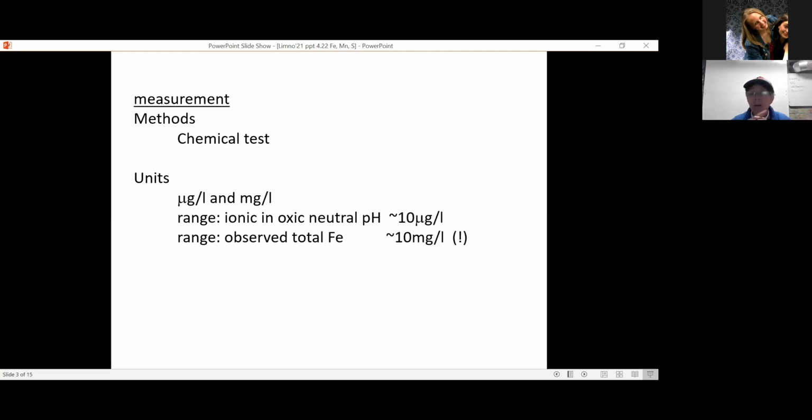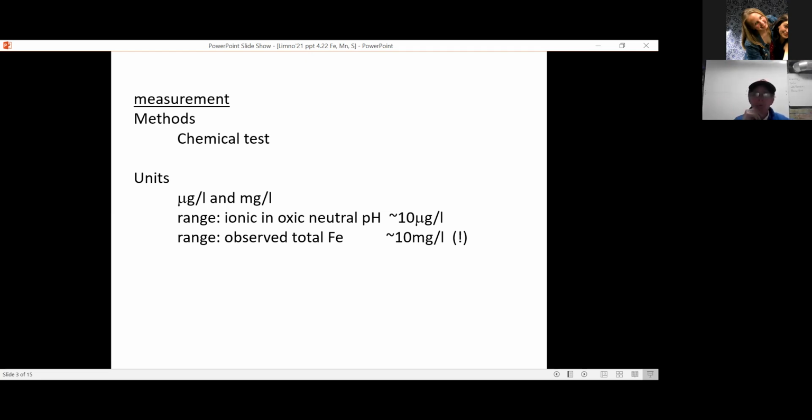In water with oxygen in it, neutral pH, 10 parts per billion. Not much, on the order of 10 micrograms per liter. But on the other hand, if you were to measure the total iron in lake water, like take a liter of water and measure all of the iron, not just the ionic iron, you might see 1,000 times as much, like 10 milligrams per liter.